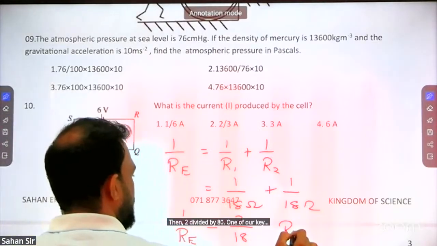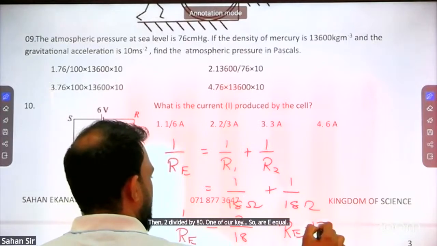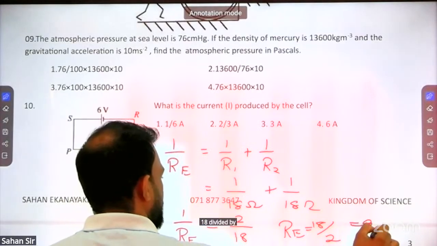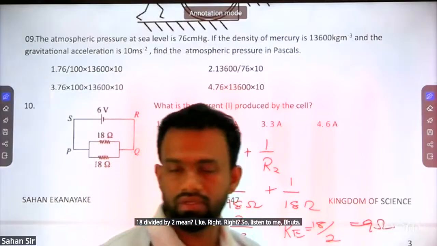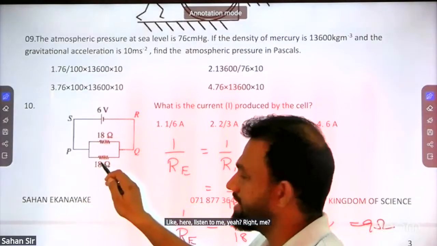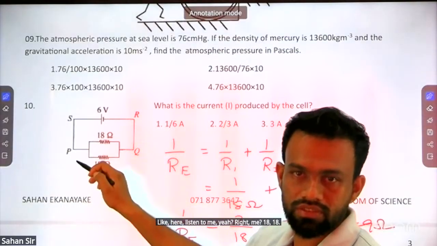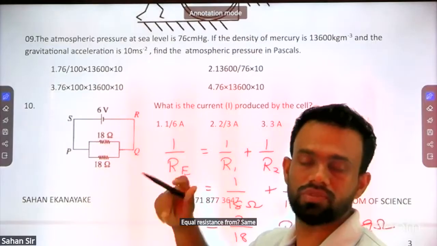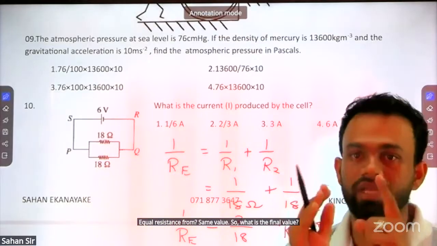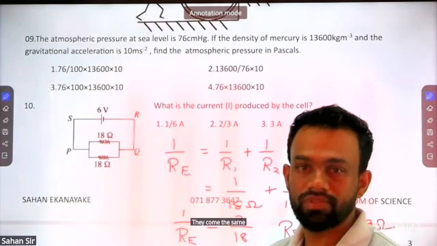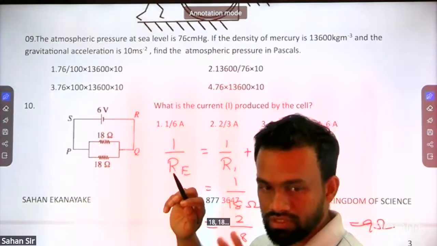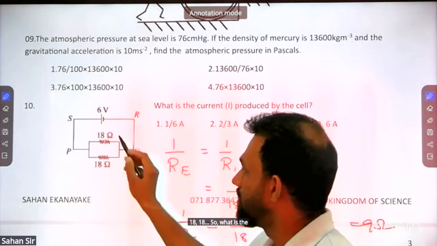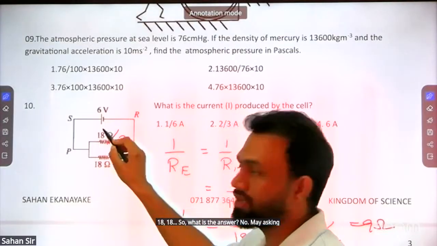So RE equal 18 divided by 2, that is 9. Right? So listen to me. Here 18, equivalent resistance, no? Same value. So what is the final value? They become the same. So what is the final value? 18. So what is the answer? No. Again half. They become equal now.